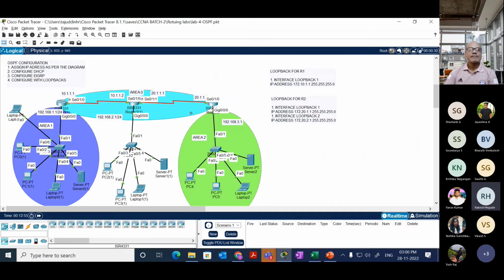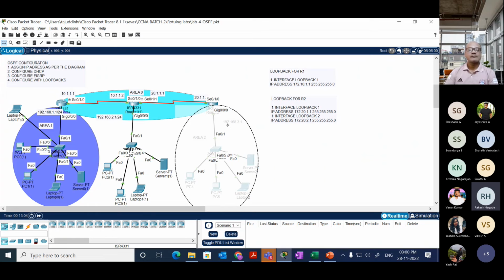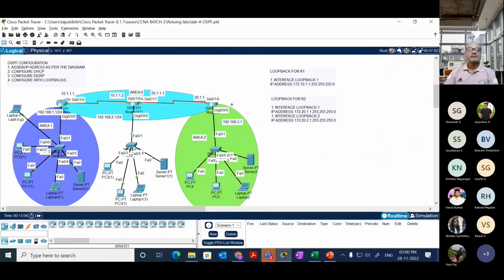If you're giving area 1 and 2, they should also have other routers. For the 10 network, 20 network, and this network, I'll put them in area 0. This network, router 1's 0 network, is area 1, and the 3 networks belong to area 2. So we'll do this lab.